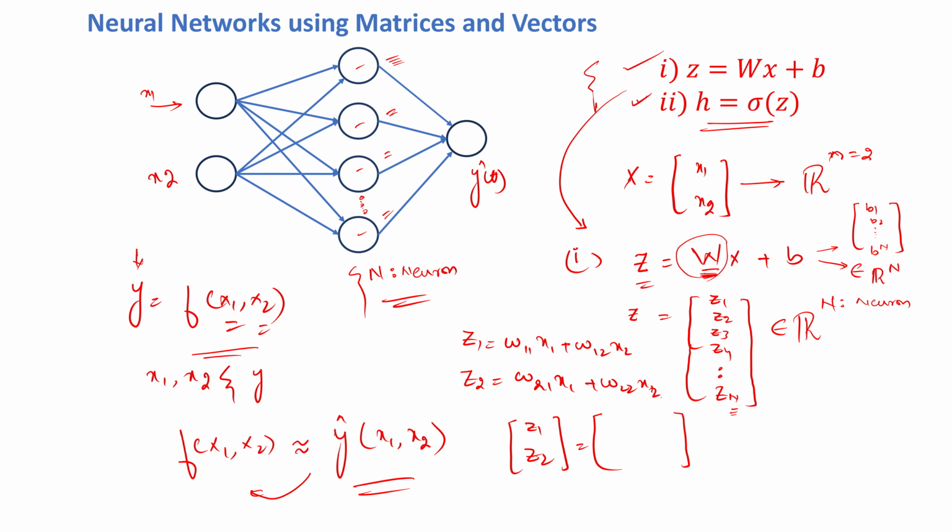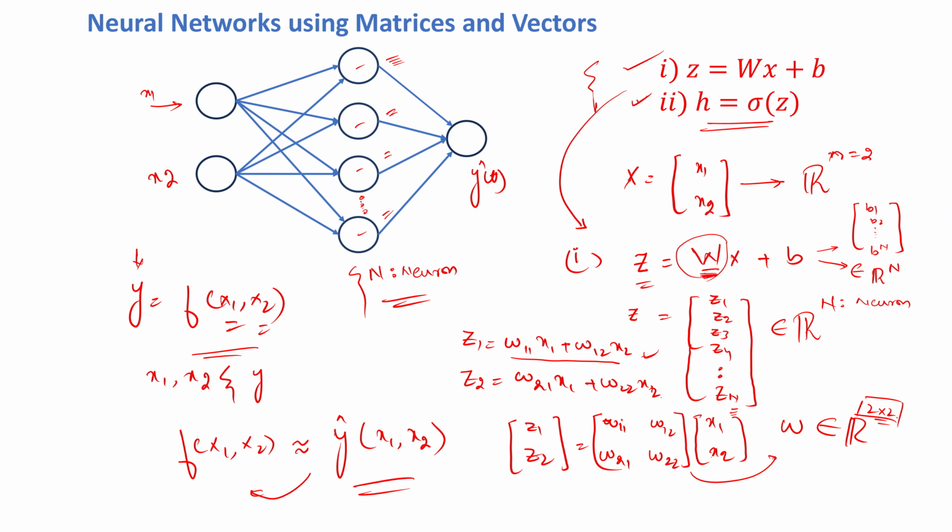And we already wrote this, that x is a vector. So what we will be left over here will be w11 w12, because when we multiply this we will obtain this equation, w11 x1 plus w12 x2, right? Similarly w21 and w22. So W is a matrix with dimension 2 cross 2. But for this case, we had two inputs and two neurons.